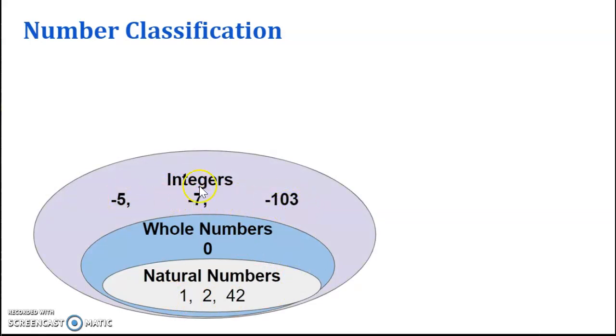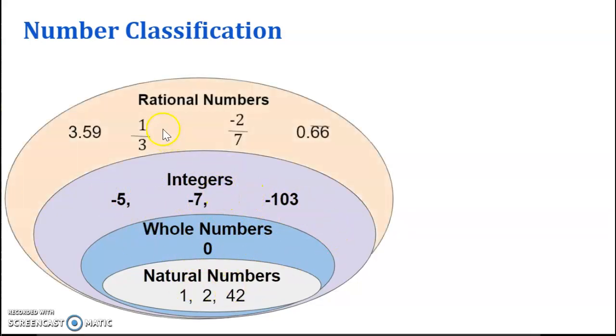So when you include the negative numbers plus whole numbers and natural numbers, we're now talking about integers. And then rational numbers are when we include any numbers in between the integers, in fraction form, or in decimal form, terminating or repeating decimal. These are all rational numbers because they can be represented as a fraction.